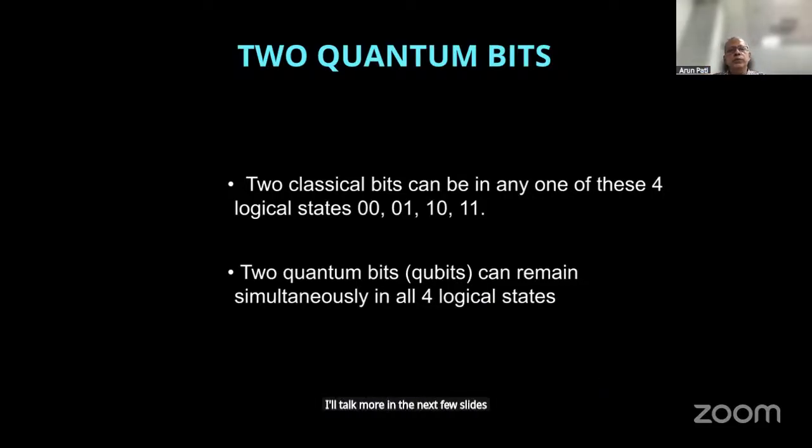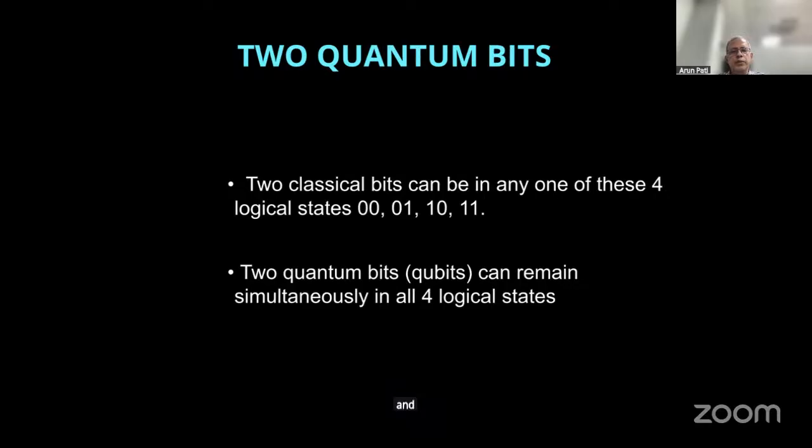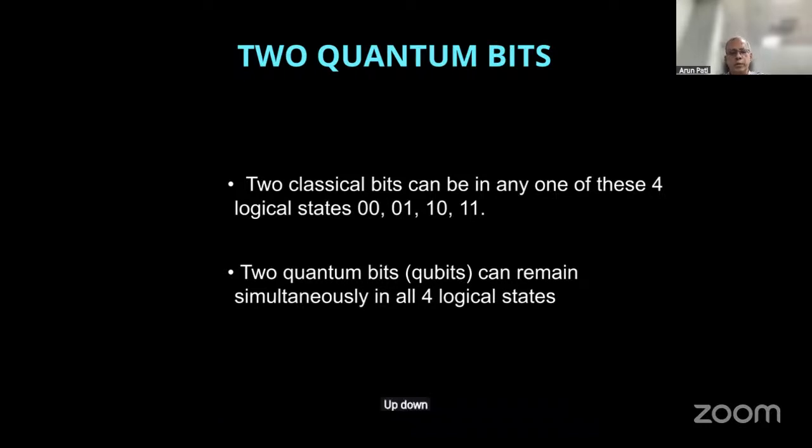Now, if you go to two quantum bits, let's see what happens. We know that two classical bits can be in any one of four logical states, like 00, 01, 10, 11. And if I try to do the same thing with a quantum system, I can do that. That means I can think of two electron spins, like up up, up down, down up, and down down.